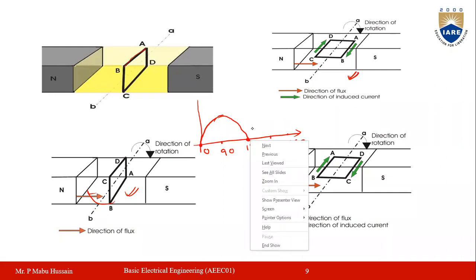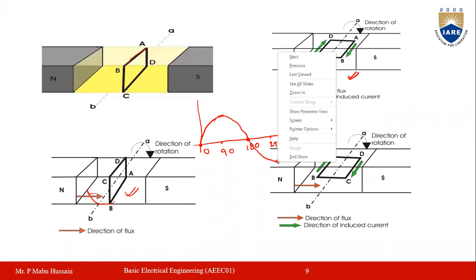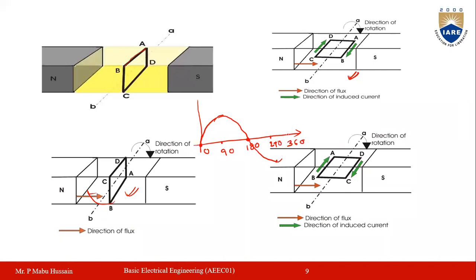Then again, from 180 to 270 degrees, the current will increase in the reverse direction, and it reaches maximum value at 270 degrees. Then after 270 degrees, if you still rotate, it will decrease, and at 360 degrees, at its initial position, it will come back to 0.